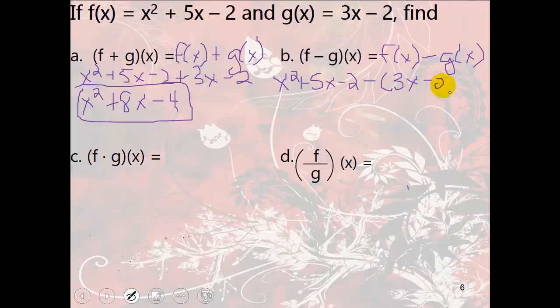And I get x squared plus 5x minus 2 minus 3x plus 2. Now I'm going to combine like terms, and I get x squared, 5x minus 3x is plus 2x, negative 2 plus 2 is 0. So I get x squared plus 2x.